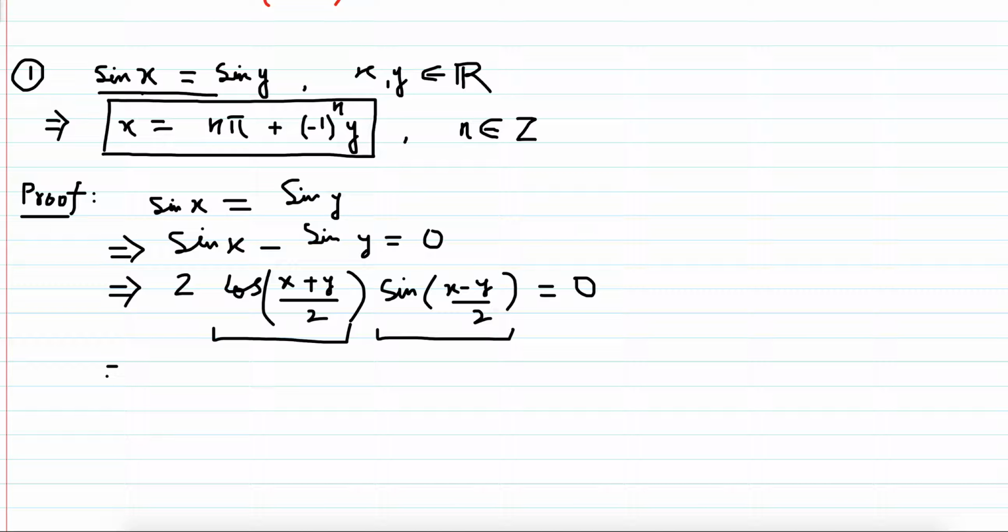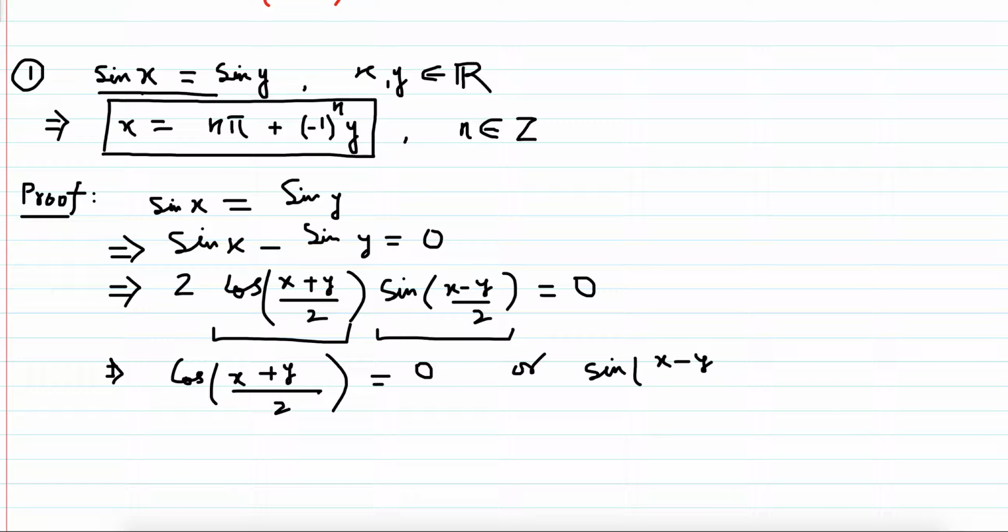So from this we can say that cos of x plus y by 2 is equal to 0, or sin of x minus y by 2 is equal to 0.